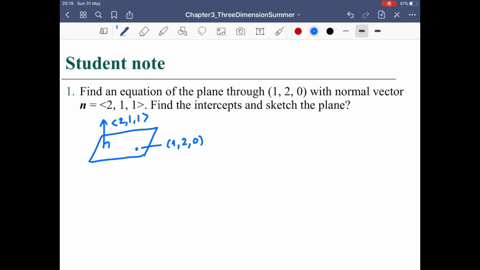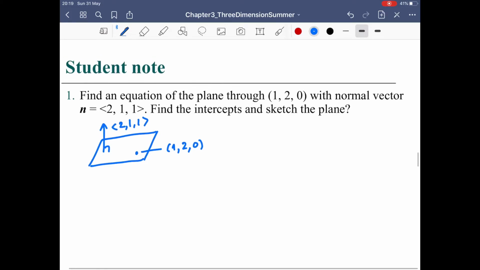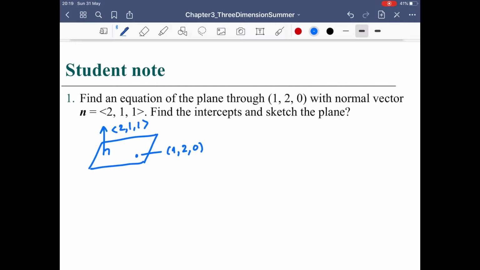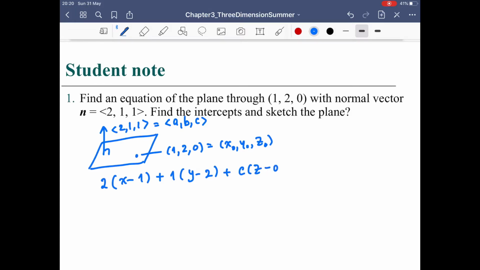This one will be very easy, because everything is already given. So you have this as your a, b, c and this as your x0, y0, z0. So the equation of the plane is a times (x minus x0), plus b times (y minus y0), plus c times (z minus z0) equals 0.